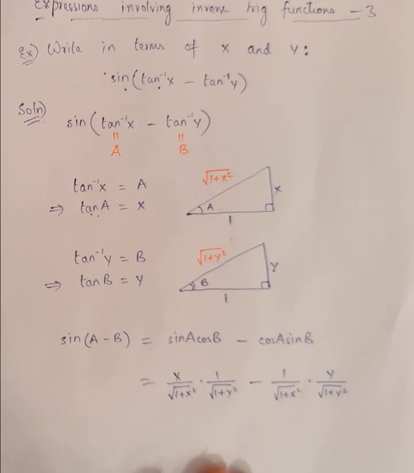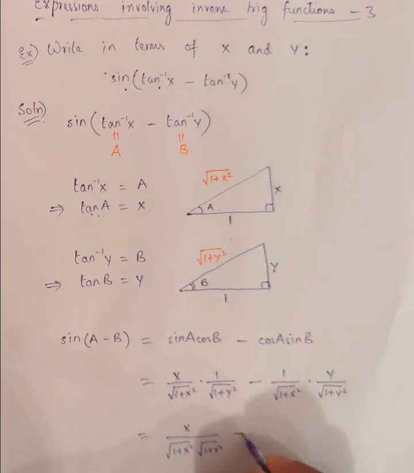Now, we have to multiply these two fractions. So x times 1 is just x over square root of 1 plus x square times square root of 1 plus y square, minus 1 times y is y over square root of 1 plus x square times square root of 1 plus y square.